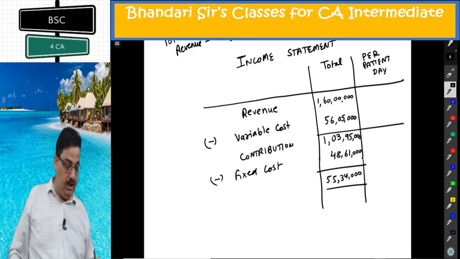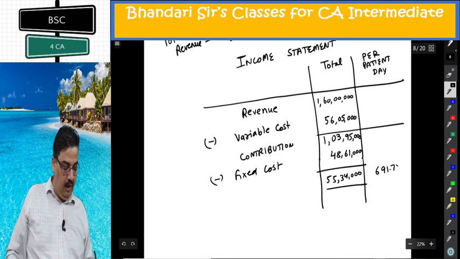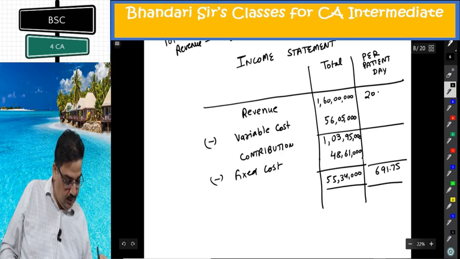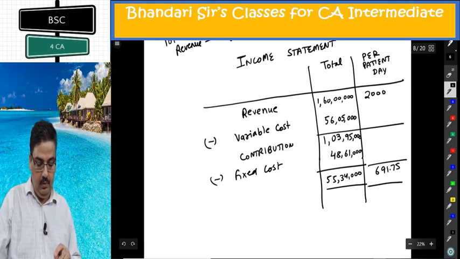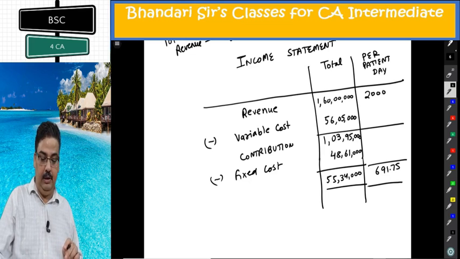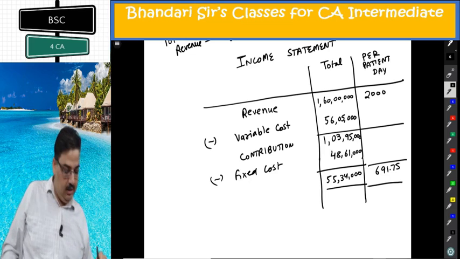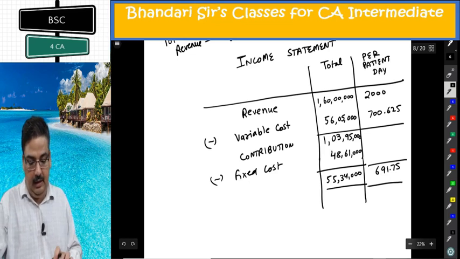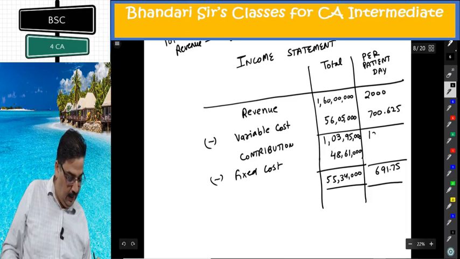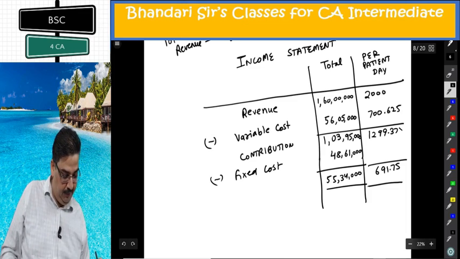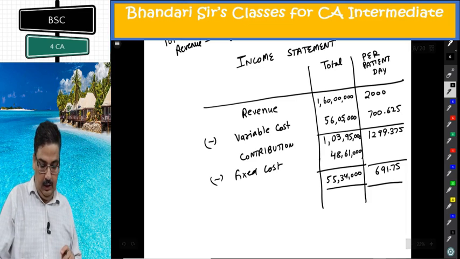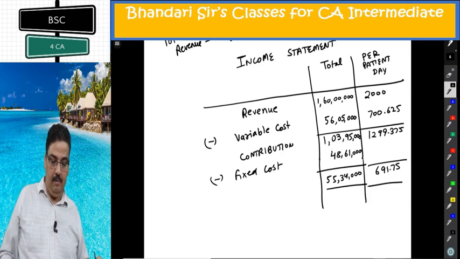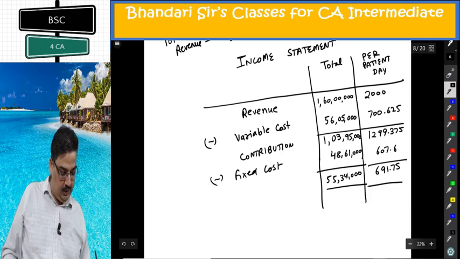Question wants per patient day. That divided by 8,000, I'll get 691.75. Start with 2,000. 56 lakh 5,000 divided by 8,000, 700.625. If I deduct that from 2,000, I am getting 1299.375. And then 48,61,000 divided by 8,000, I'm getting 607.625.